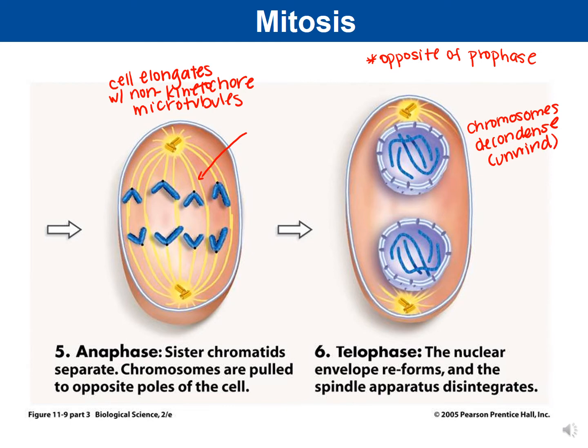Again, in prophase, we said chromosomes condense. In telophase, they decondense. In prophase, the nuclear envelope breaks down. In telophase, the nuclear envelope reforms. In prophase, the spindle apparatus forms. In telophase, the spindle apparatus disintegrates, right? It's going to break down. So again, you can just think of telophase as the opposite. Telophase is the opposite of prophase. Everything that happens in prophase, the opposite is going to happen in telophase.